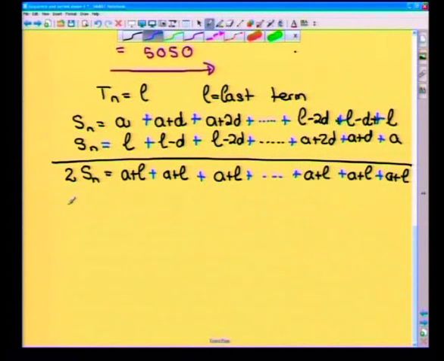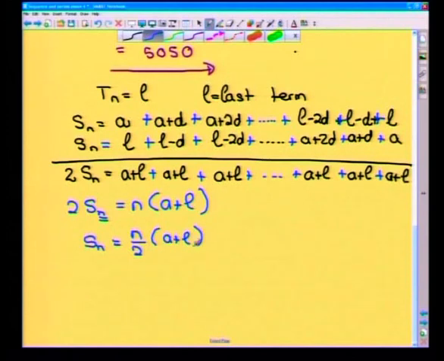Right, so how many lots of A plus L's will he have? Well, there were n terms. So there must be n lots of A plus L, which means Sn is equal to n over 2 (A plus L).